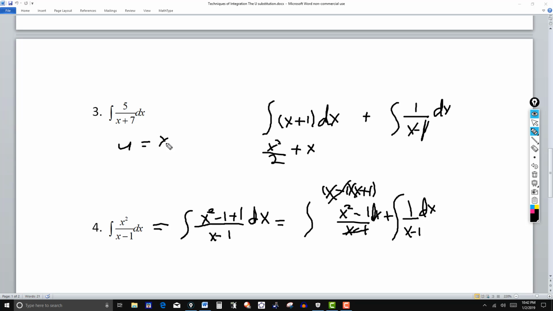So this is going to be plus the natural log. This actually comes out to 1 over u du. So this is going to be natural log of absolute value of x minus 1 plus a constant. This is your answer. Again, your answer should always be in terms of the original variable, which was x.